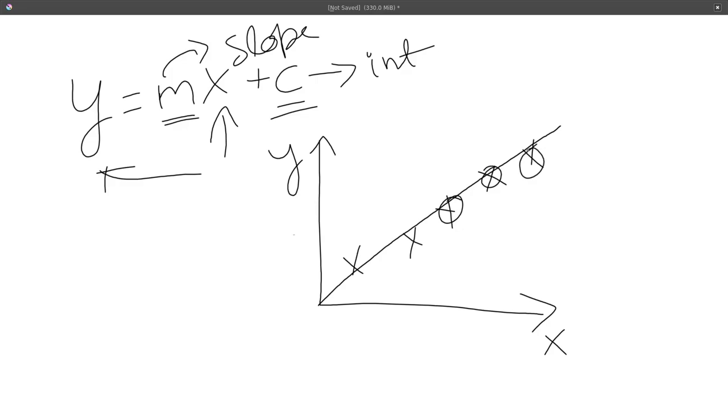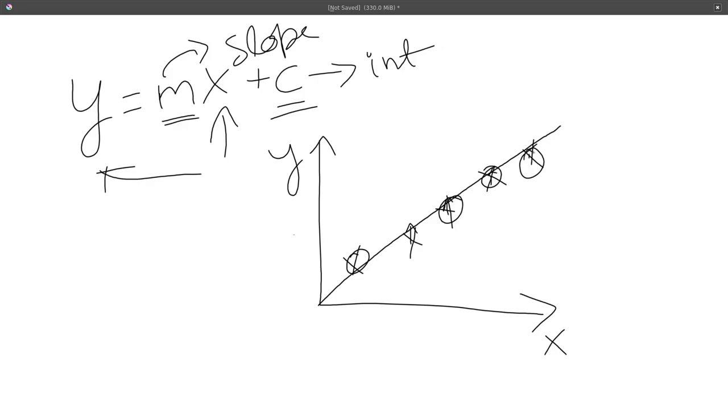Since all these points are not perfectly plotted on this line, there's going to be an error between the line that we actually draw and the actual data points, right? So what is this error? This error is the distance between all these points and this line.